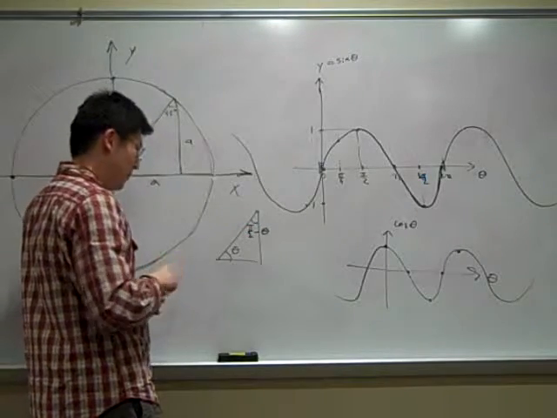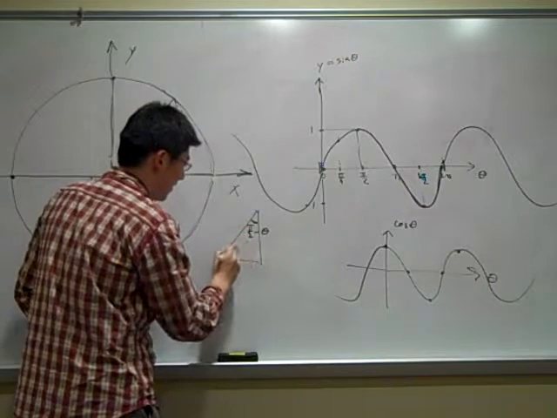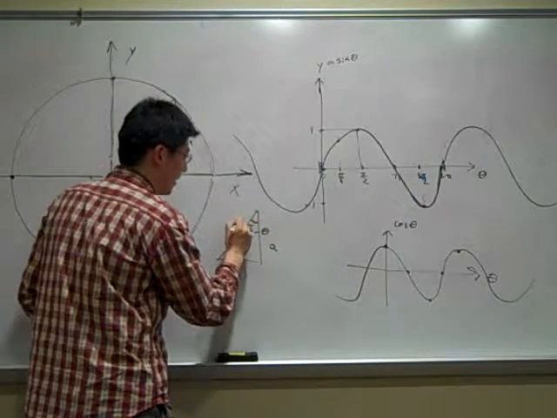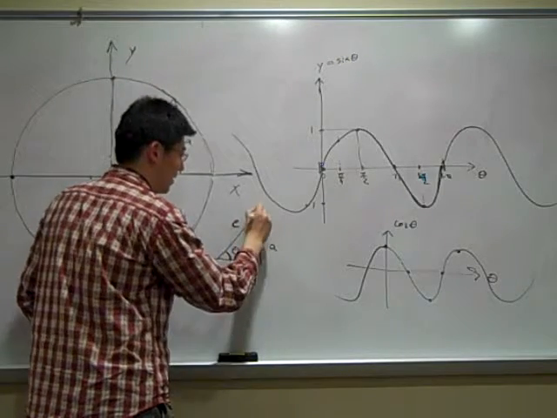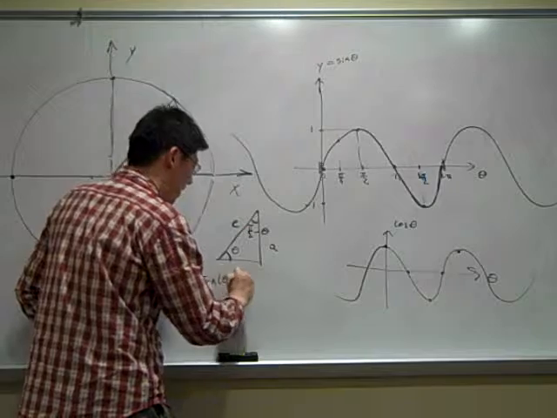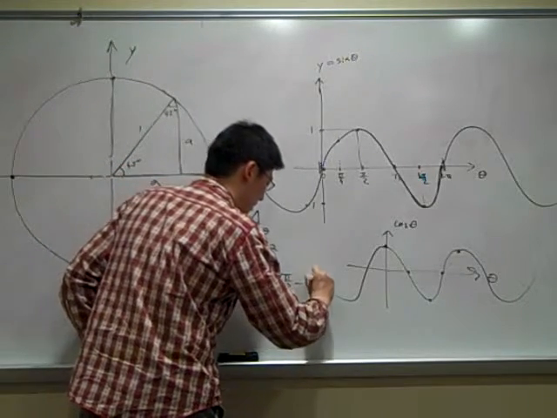The sine of this angle, which is a over c, is going to be the same as the cosine of this angle, which is also a over c. So sine of theta is cosine of pi over 2 minus theta.